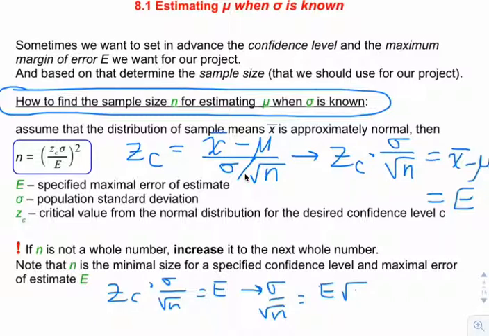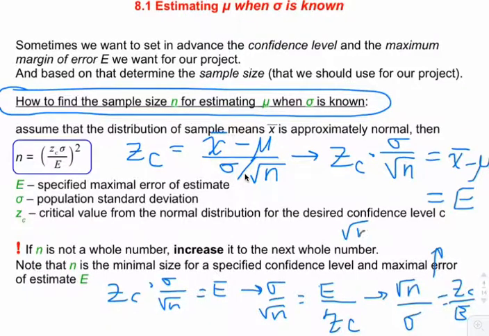Excuse me. Let me go back one, try to erase it. E divided by ZC. And so now I flip both of my fractions, and I get the square root of n over sigma is ZC over E. And then to get the equation in the box, you multiply both sides by sigma.